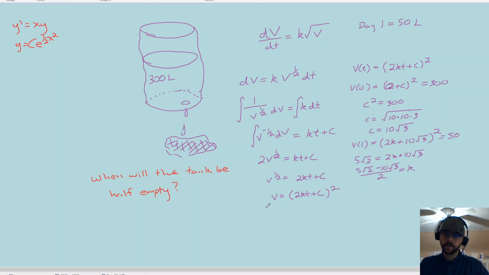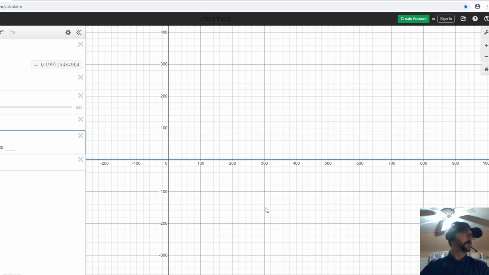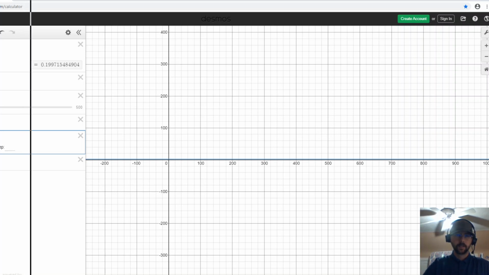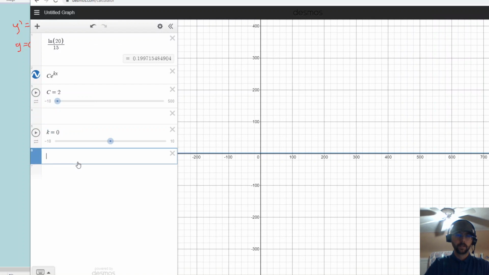So we want 5 square root of 2 minus 10 square root of 3, all of this divided by 2.